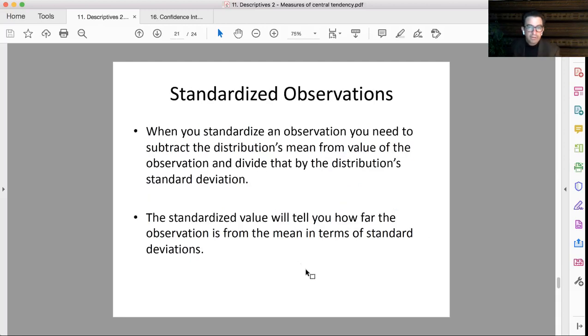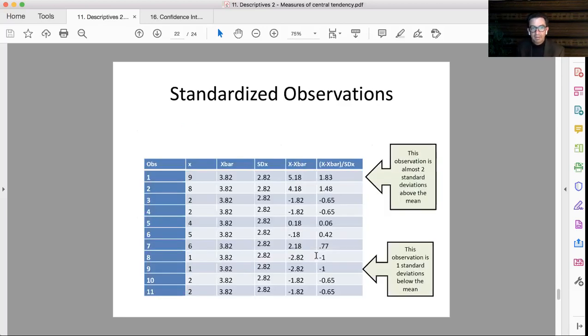When you standardize observations, you subtract the distribution mean from the value, and then you divide it by the standard deviation for that distribution. And then you do that for every value, and you have your value expressed in how far it falls from the mean.